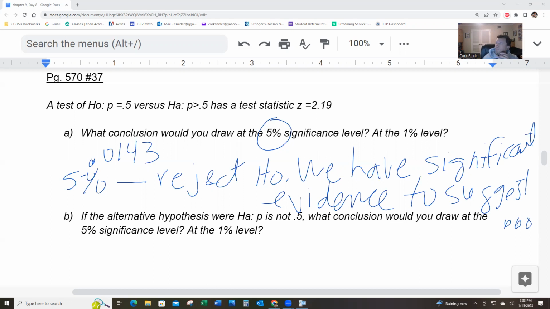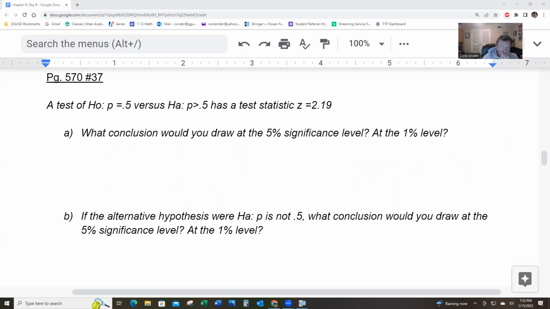So write that down. At the 1% level, I would say fail to reject, okay? Because 0.0143 is bigger than 1%.